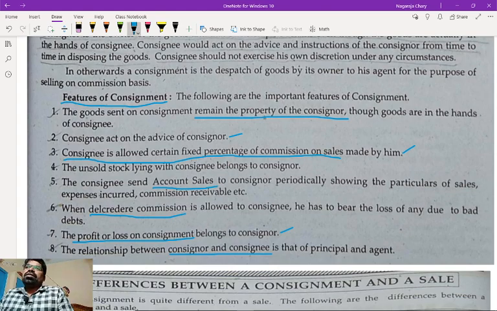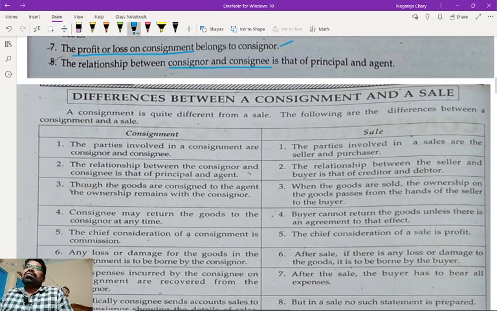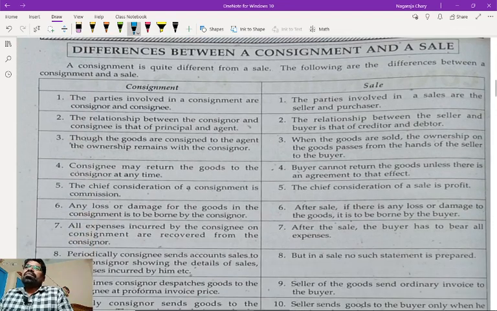Okay, so these are the features. Stock must be transferred from one place to another place, one person to another person. It should be sold out. So let us know the differences between consignment and sale. Sometimes consignment and sale look the same, but there is some difference.